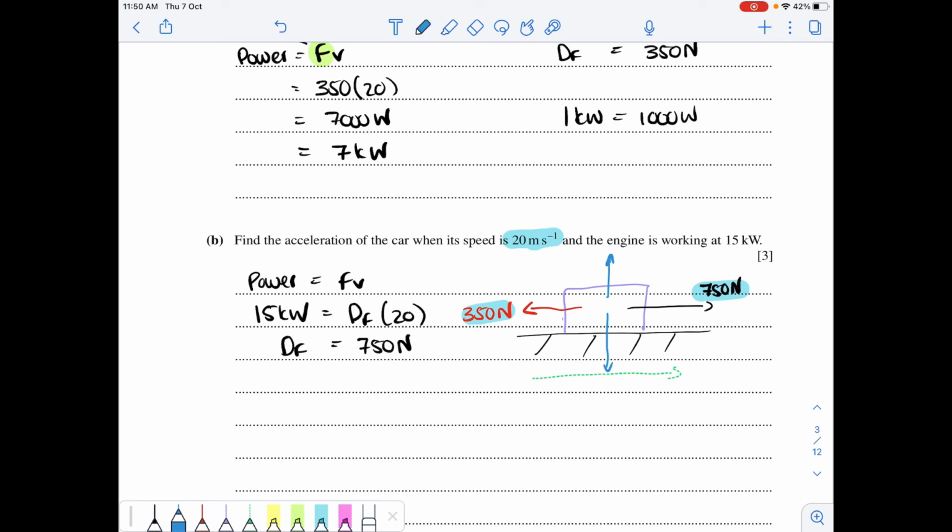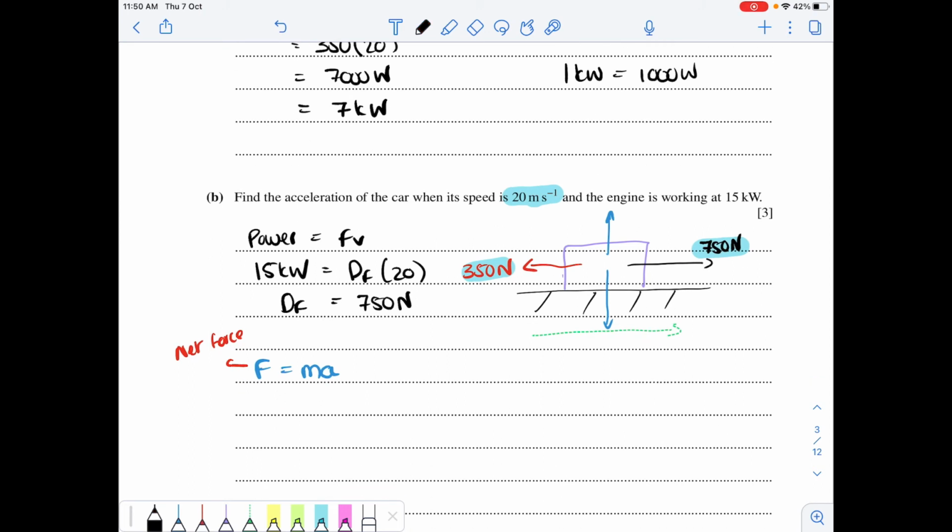Now using Newton's second law, force equals mass times acceleration. This is the net force, where we take the forces in the direction of motion and subtract the forces in the opposite direction. The driving force is going in the direction of motion, and the resistance is 350 newtons.